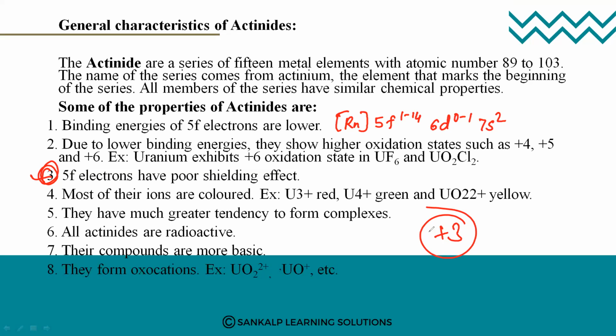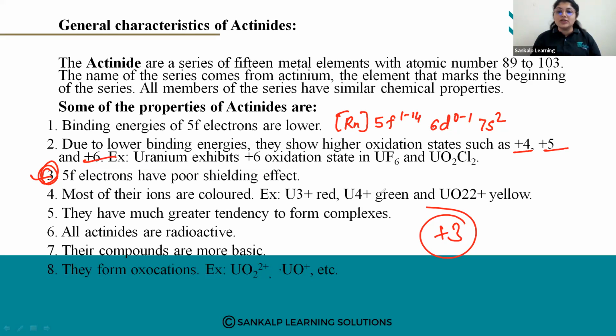In their series, the maximum oxidation state increases from +4 to +5 and +6. So the higher oxidation states shown by the actinoids are +4, +5 and +6. It will go on increasing, up to +7, but again it decreases.